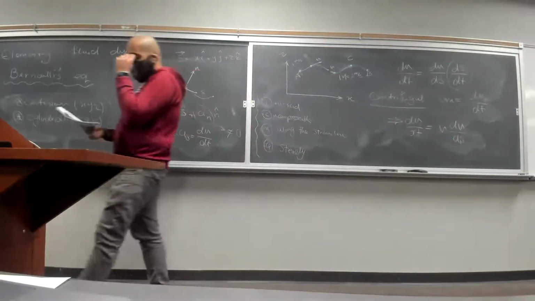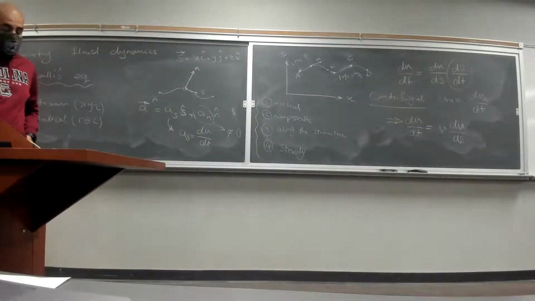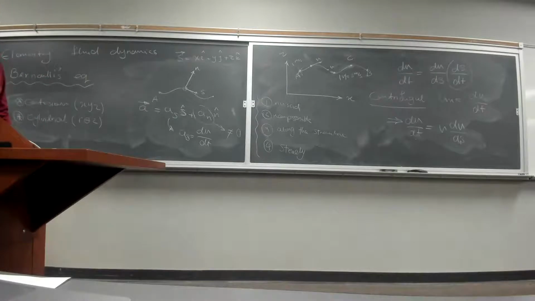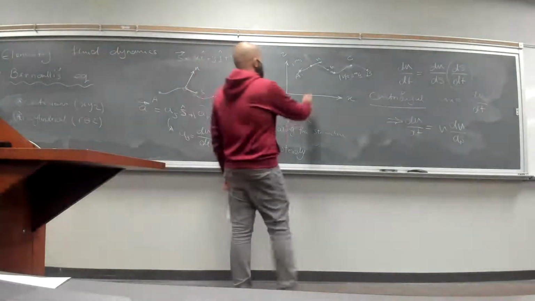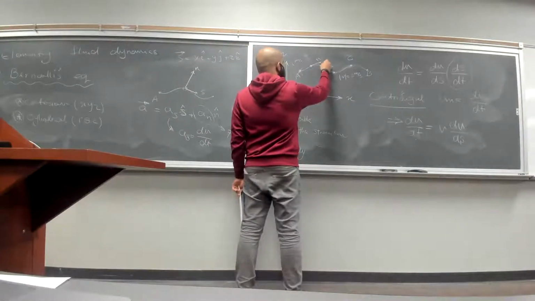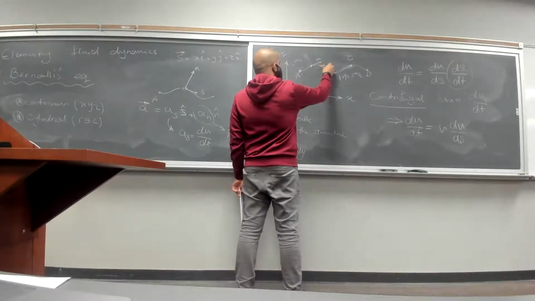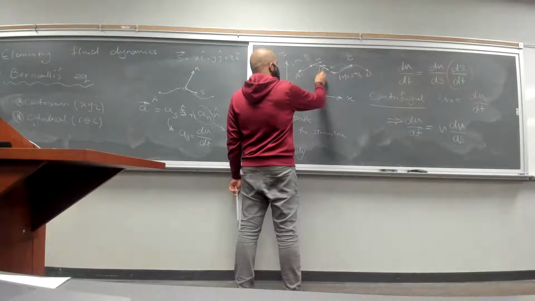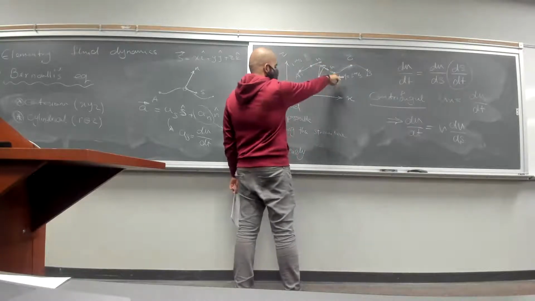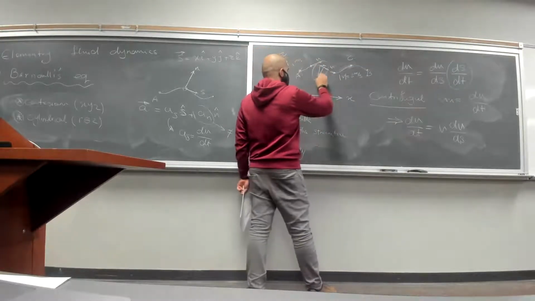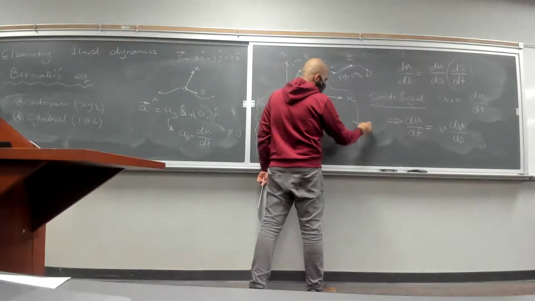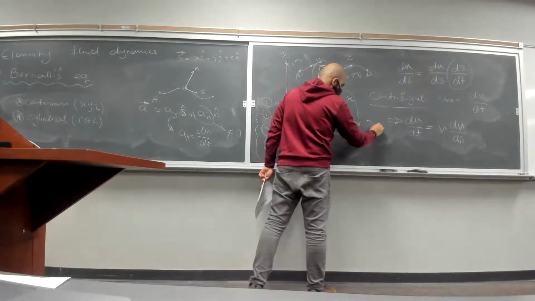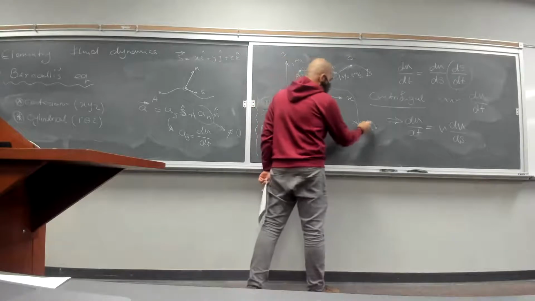But here we are going to play another trick on it. Let's say we are looking at these two points, right? See, the direction is changing. So if I magnify this, this is the part of the streamline I'm looking at.